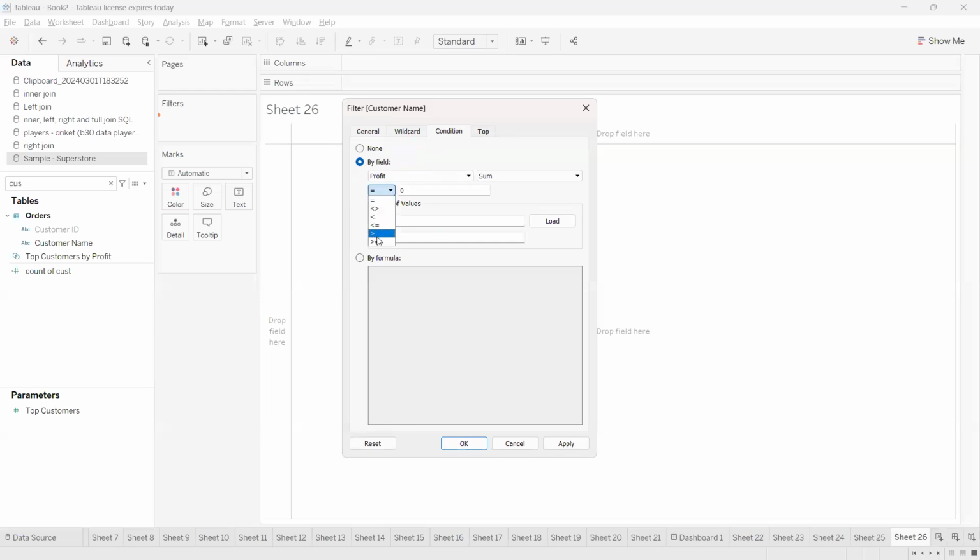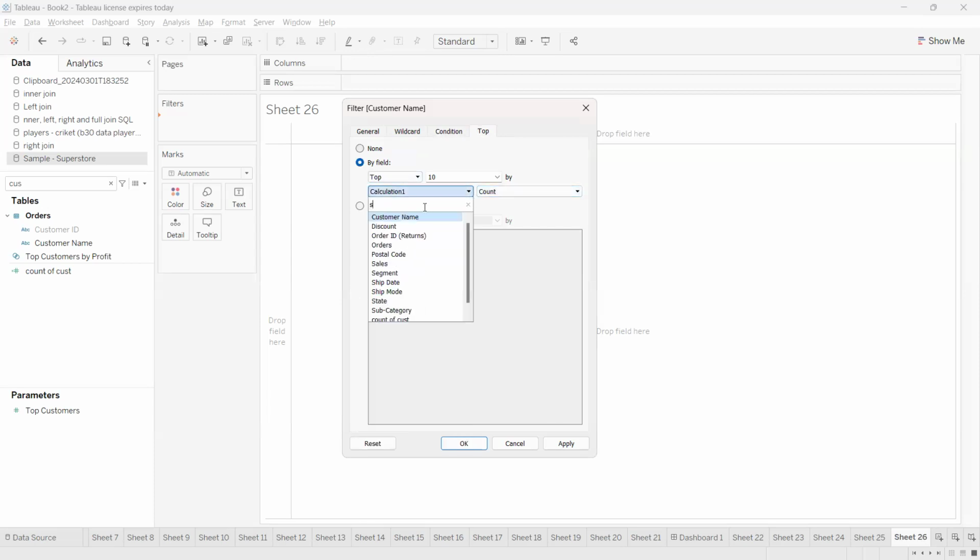For example, if my profit is greater than or equal to 10,000, I can apply that condition here. In the top option also, we are doing a similar thing, and we can select any particular measure here.